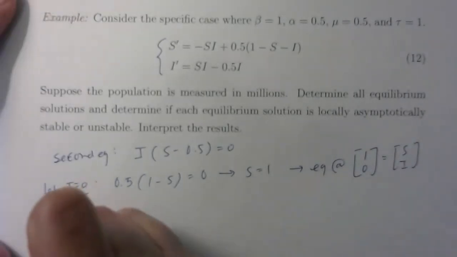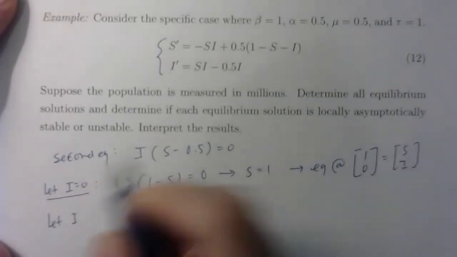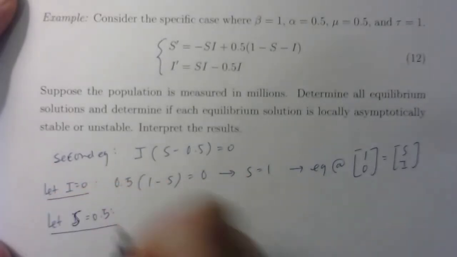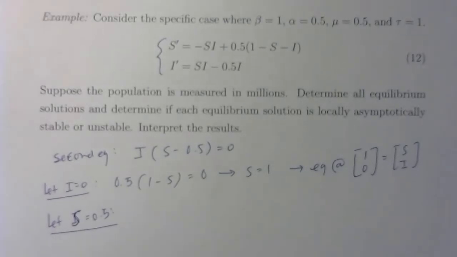The other condition here is, what if I let s is equal to a half? And now go back to my first equation, plug in and see what I get.